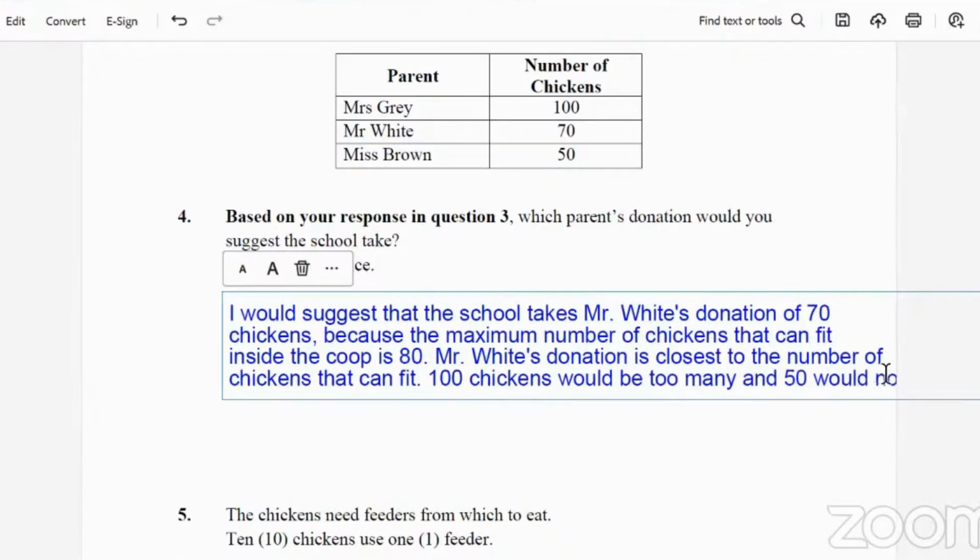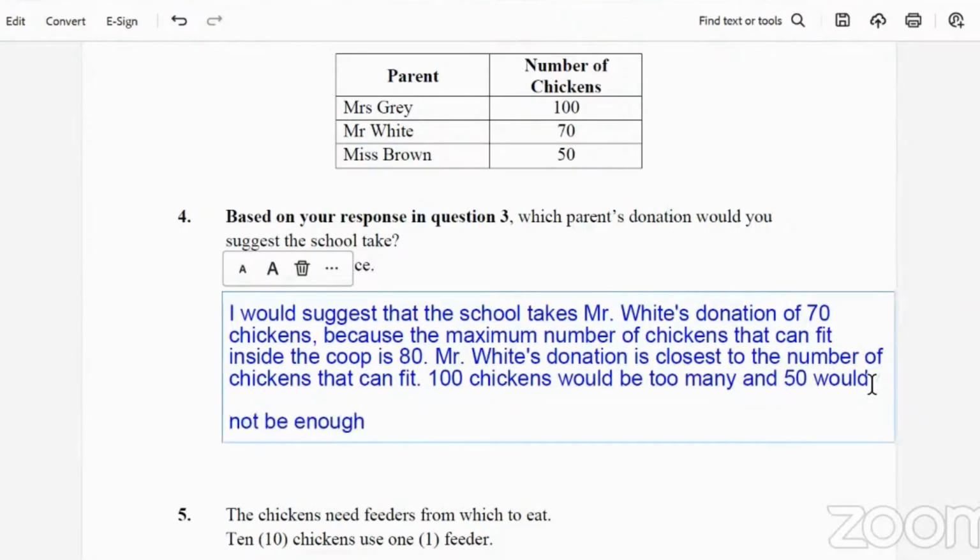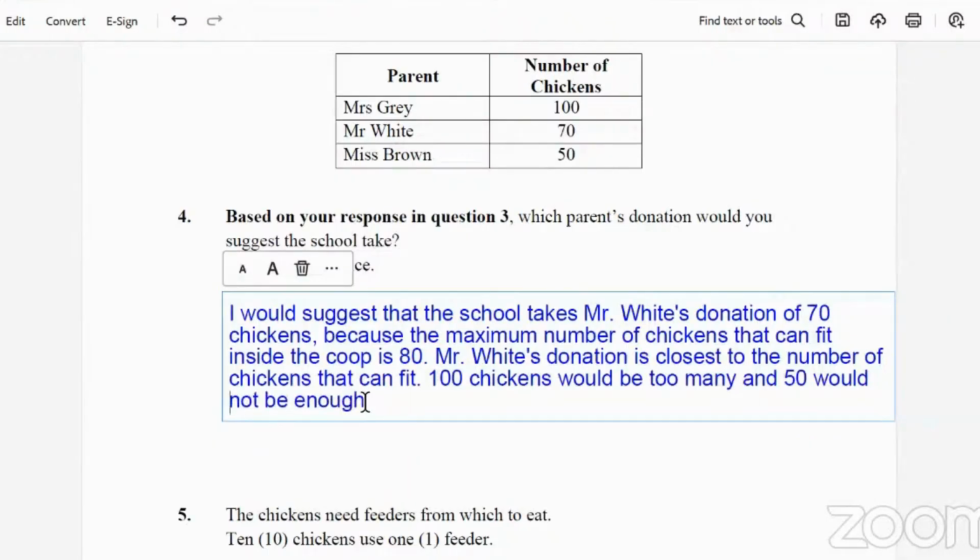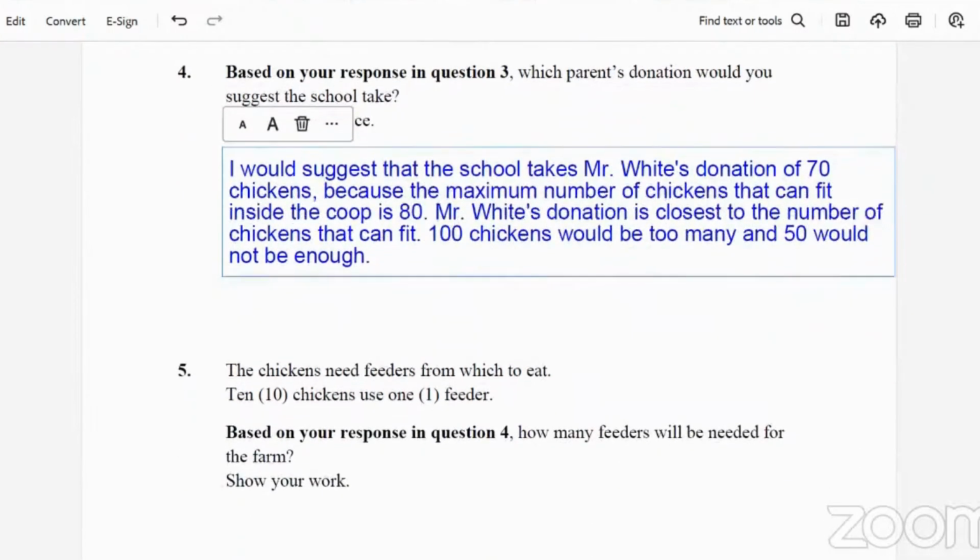All right, so I'm writing this in my own way. Of course, there are variations based on how we write. So you would not necessarily write what I have, but the information that I presented in terms of the suggestion, this would be the correct amount of chickens that's needed, the ideal number of chickens, okay? So you write that in your own words.